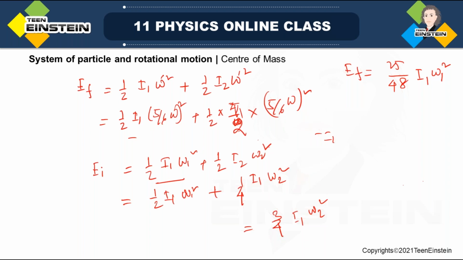Sorry, this is omega 2, which means omega by 2, right? Omega by 2, omega square by 4, so this will be 16. Okay, so let me quickly solve the numerical part for the initial energy.